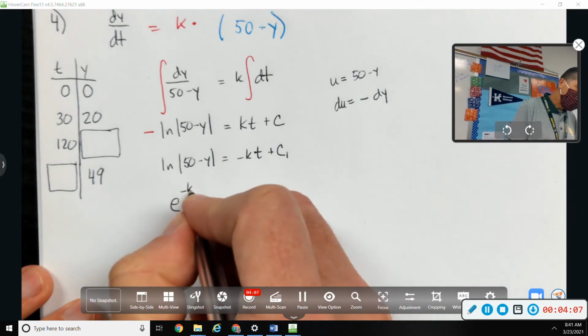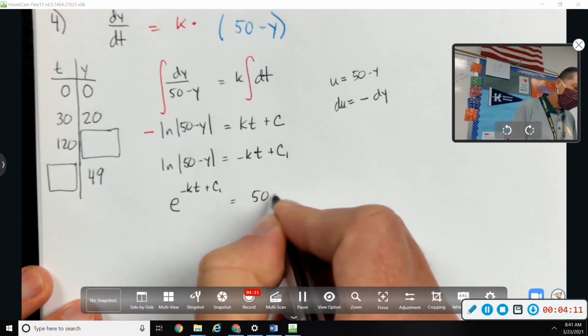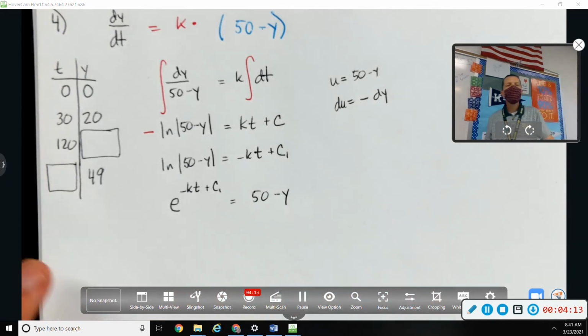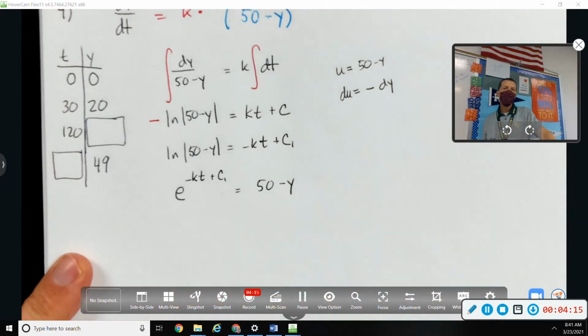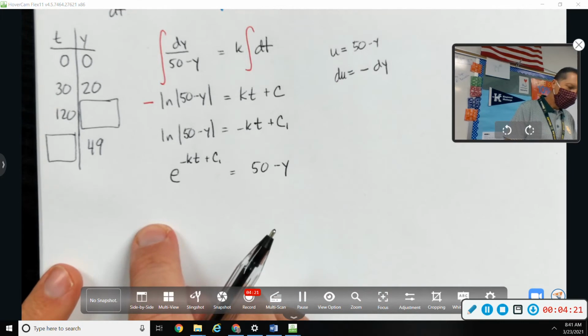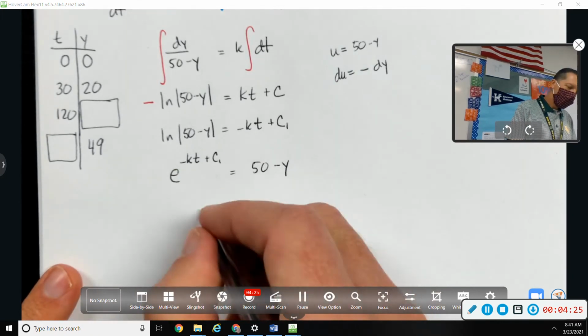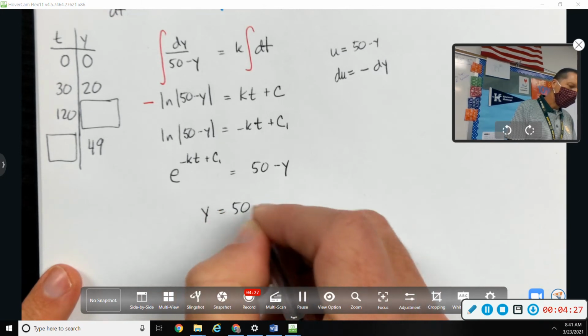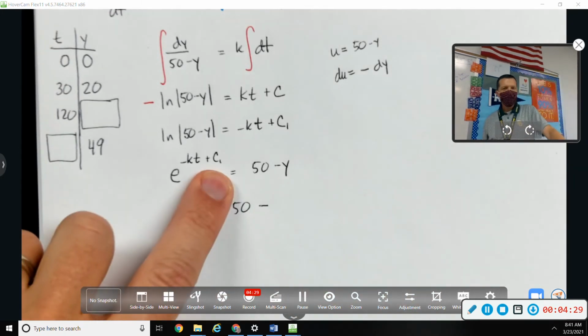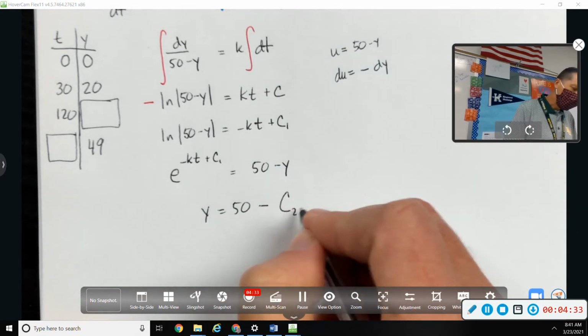So e to the negative kt plus c equals 50 minus y. I'm going to do a couple of algebra tricks at once here. I'm going to move the y over, and move the e stuff over. So I'll have y equals 50 minus. And then I'm going to do that c trick where that c becomes a constant, although it's a different constant now.